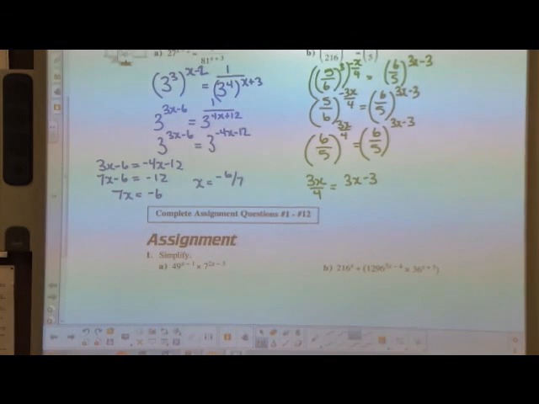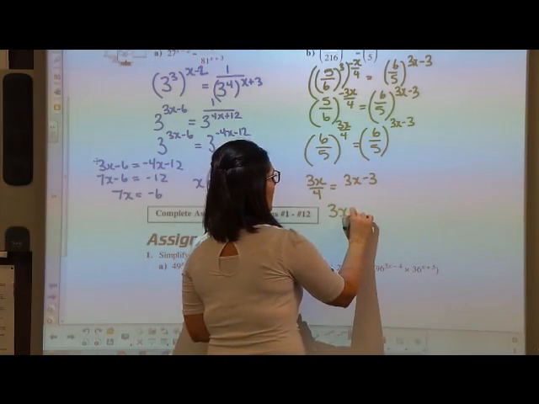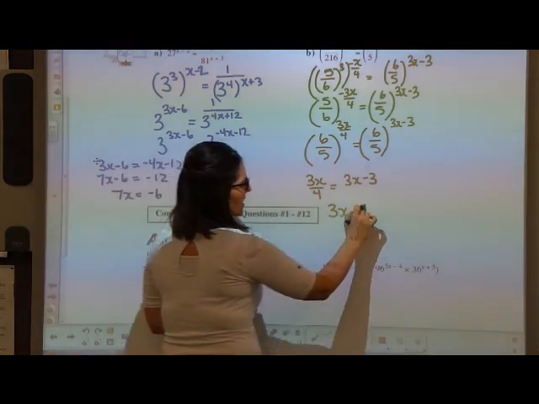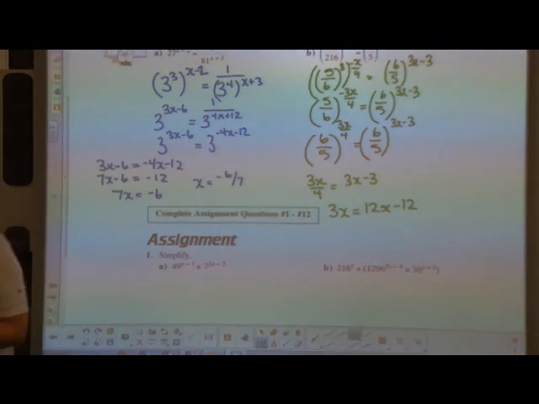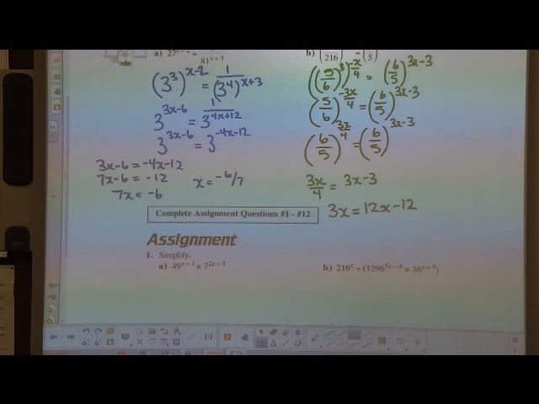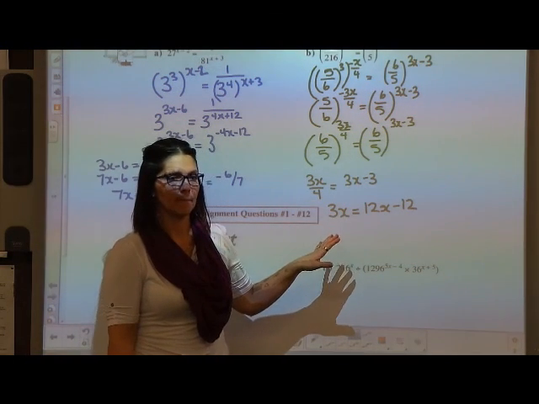How do I solve this? Times both sides by 4. Good. Get rid of that denominator. So if I multiply both sides by 4, I get 3x equals 12x minus 12. Then what would I do? Subtract 12x.